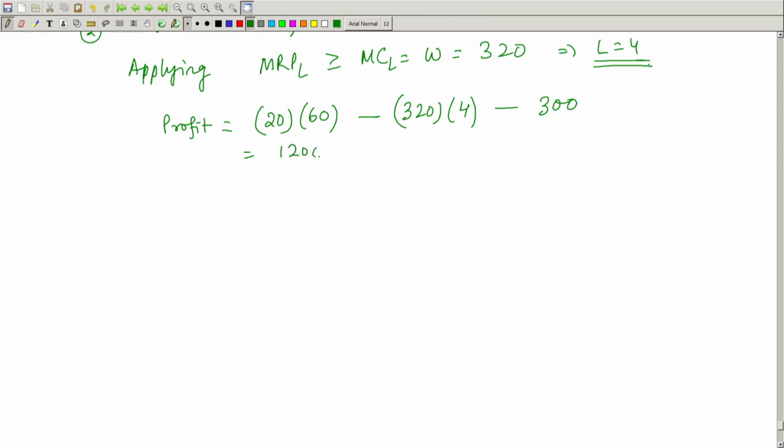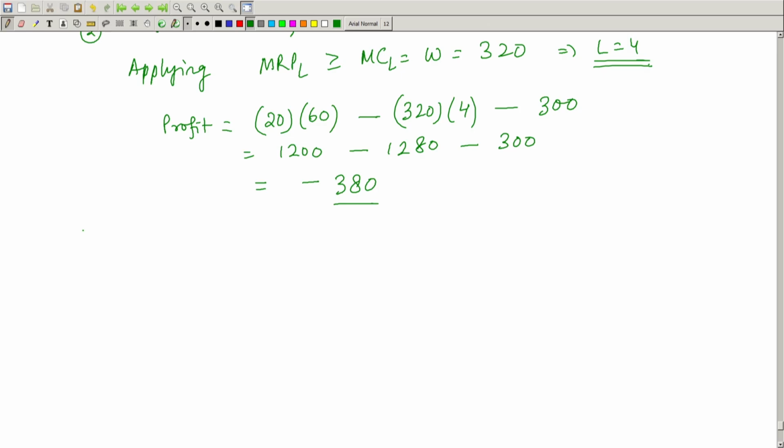So, this is 1200 minus 1280 minus 300, which is equal to minus 380 rupees. So, here the profit that the firm is making is actually minus 380 rupees when it hires 4 labor hours.